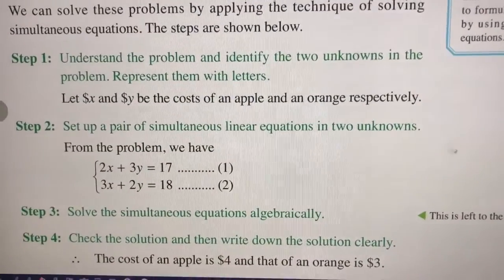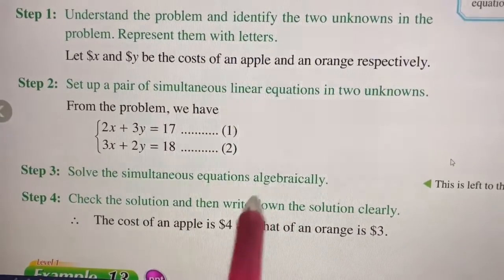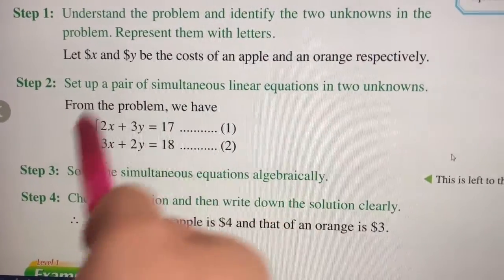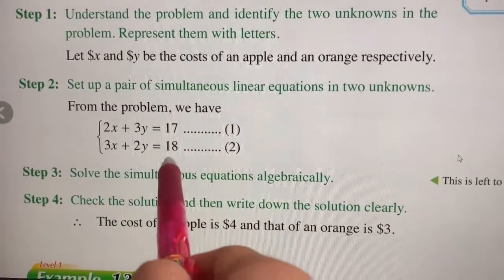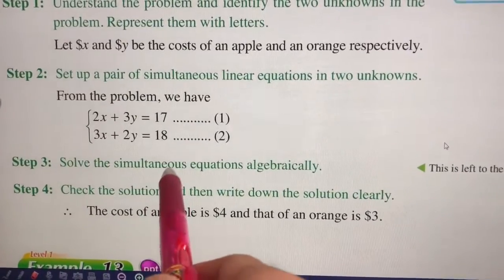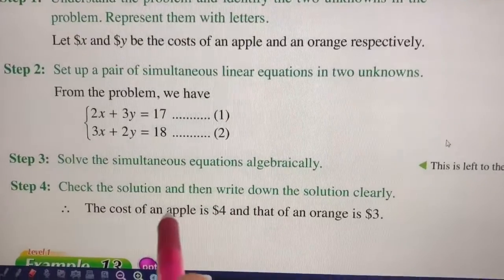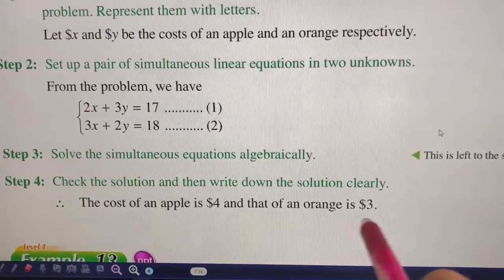Then you just apply the method we learned in chapters 7.1 to 7.4 to solve the simultaneous equations to get the result. Finally, remember, you don't only find the value of x and y, but you should also write down the word sentence to answer the question.